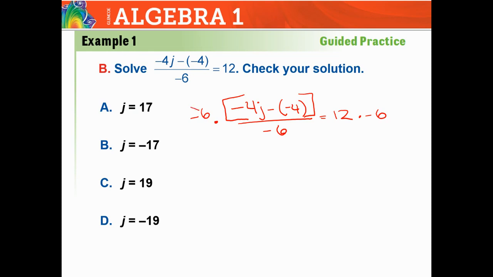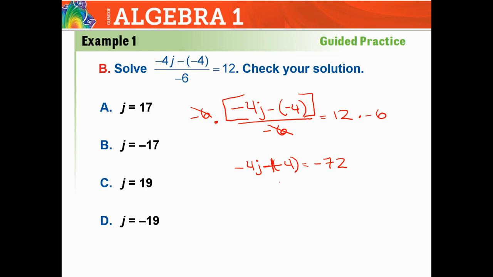So we get these two cancel out. -4j minus a -4 equals 12 times 6. So 12 times 6 gives us a -72. And don't forget to make this a big plus sign.